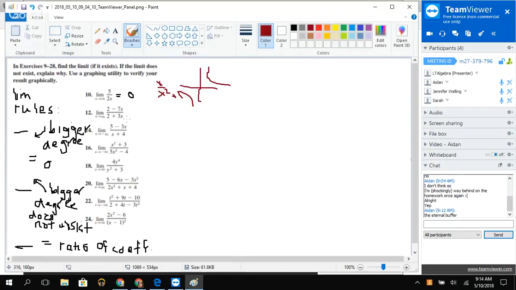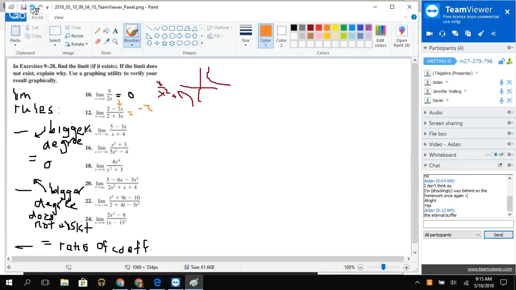So when we have that, the limit actually is going to be the ratio of the coefficients that belong to our first degree function. What I mean by that is that we're going to take the coefficient that's in front of x, which happens to be -7.